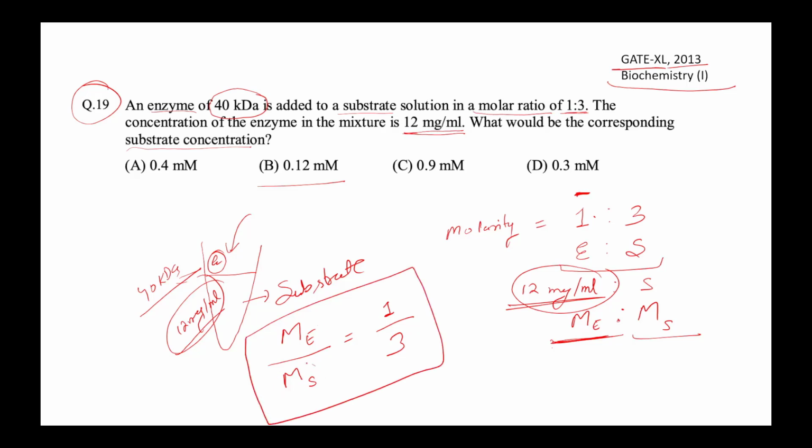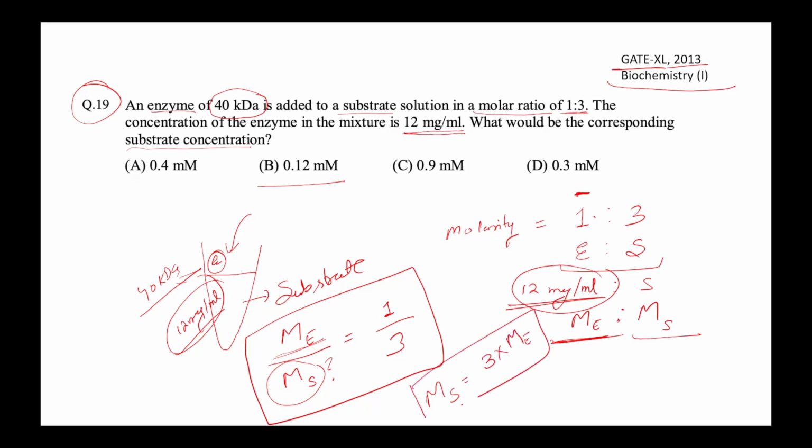We have been asked the molarity of the substrate, so we should know the molarity of the enzyme. Our final equation is 3 times the molarity of enzyme.